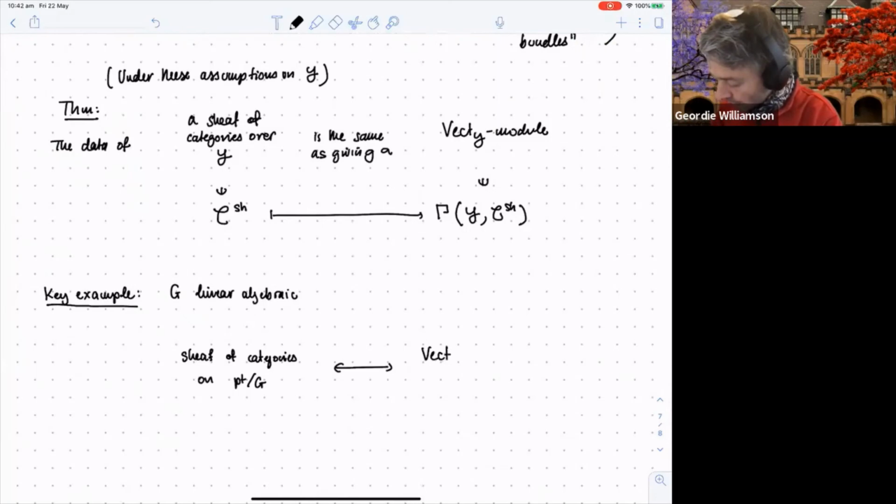So vector bundles on point mod G are the same thing as finite dimensional representations of G.